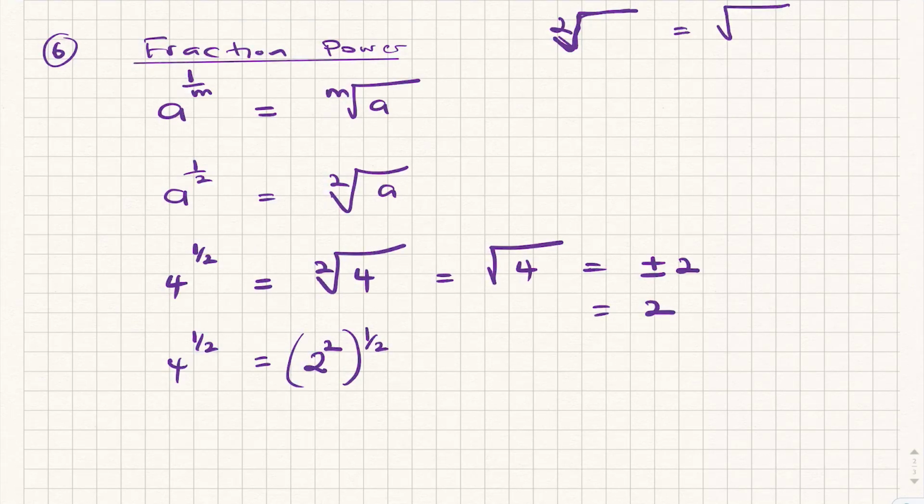Using our multiplication power, that will be 2 to the power of 2 times a half, which is 2 to the power of 2 over 2, and that becomes 2 to the power of 1, which is 2. So that's another way of writing that. Let's do another example.